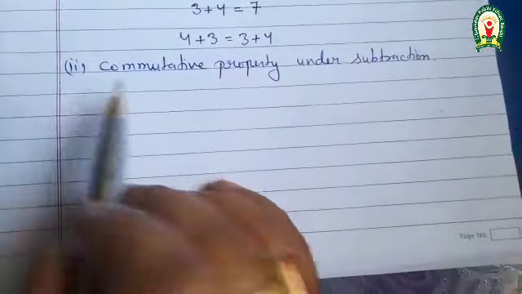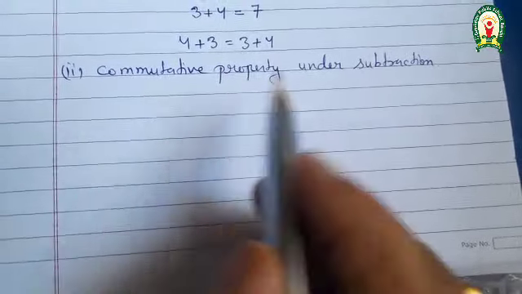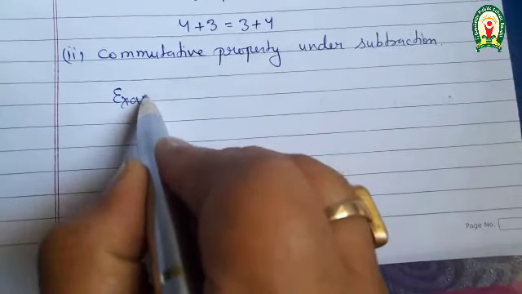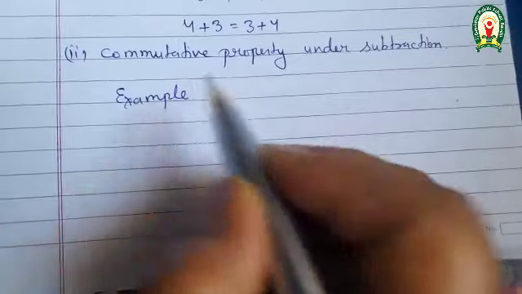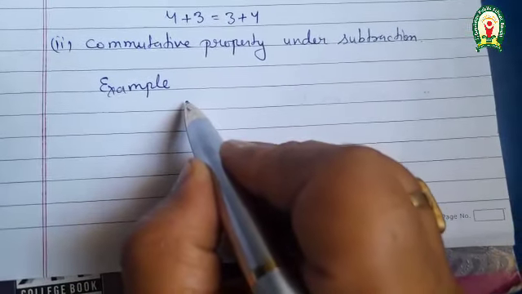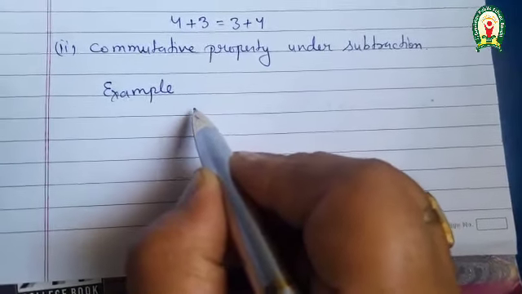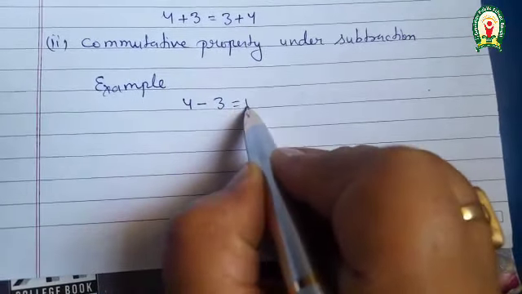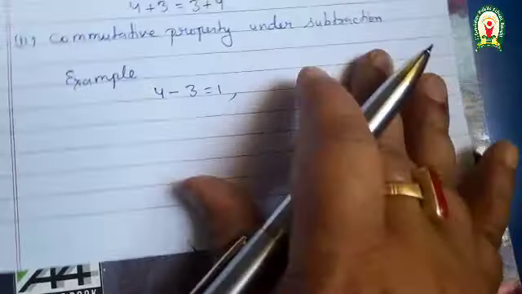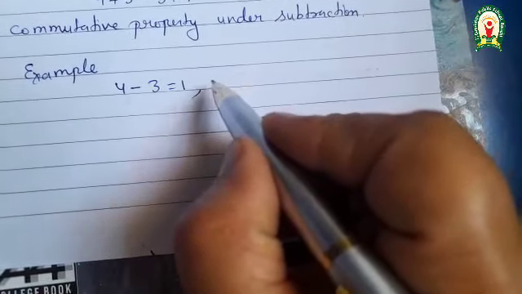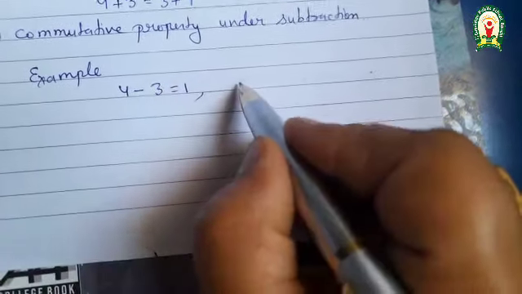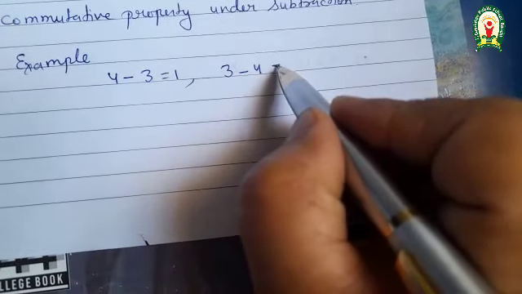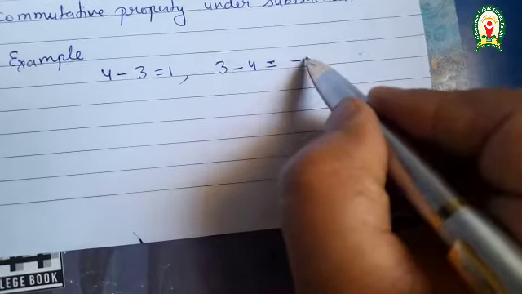But if we take an example of commutative property under subtraction, let's take any numbers like 4 minus 3, we are getting 1. If we change the order, 3 first and 4 later, 3 minus 4, we are getting minus 1.